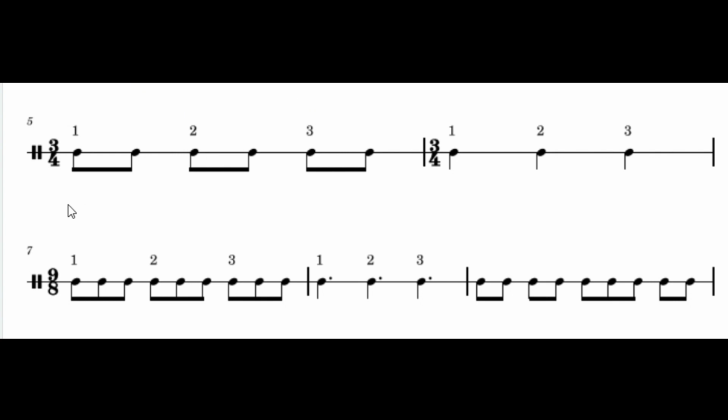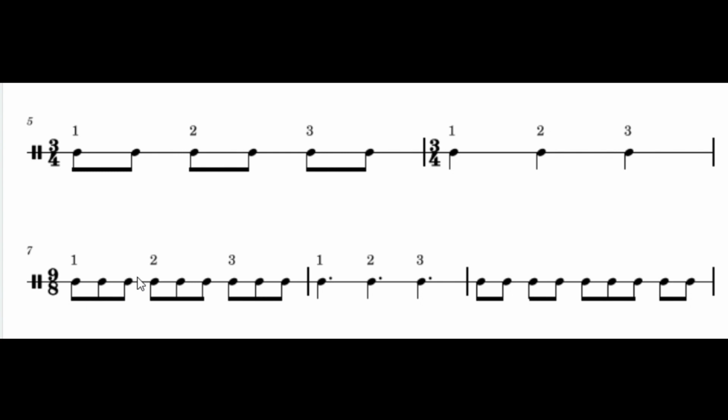Just like the compound in duple, compound in triple is where the counts are divided and subdivided into three. So here we have the one, two, three. But as you can see below each count, we have three quavers or three eighth notes.